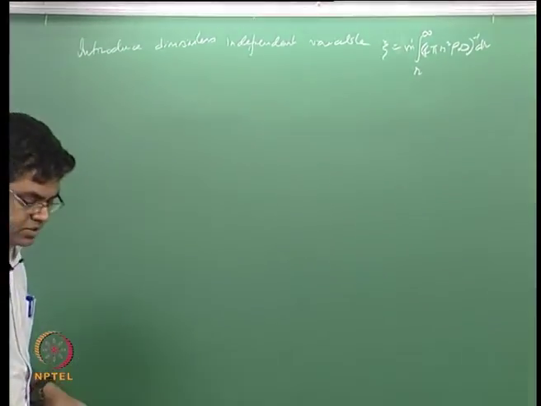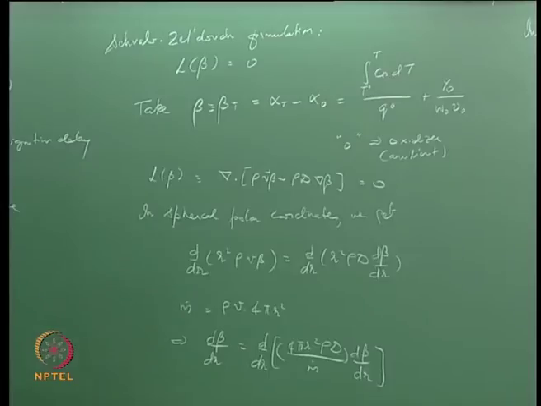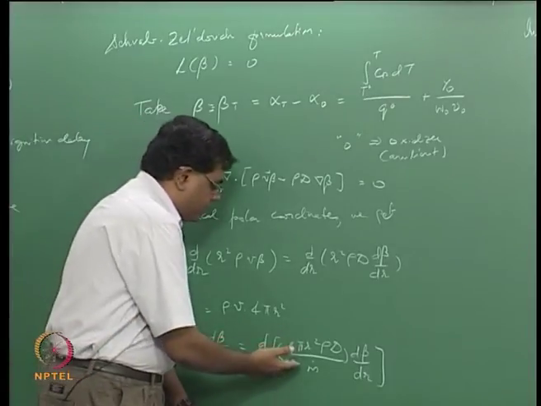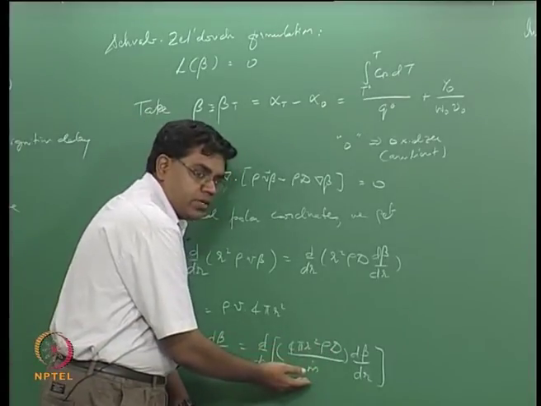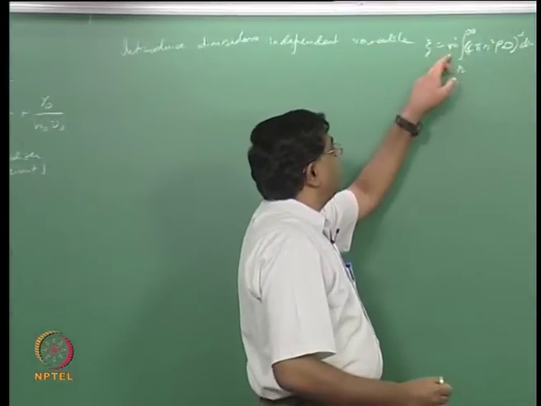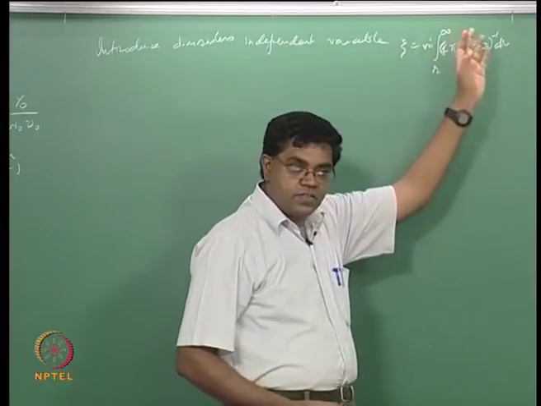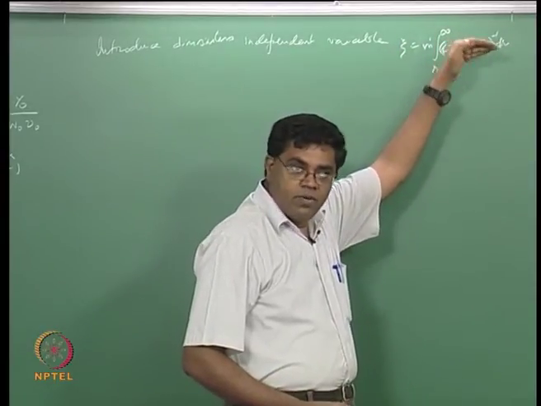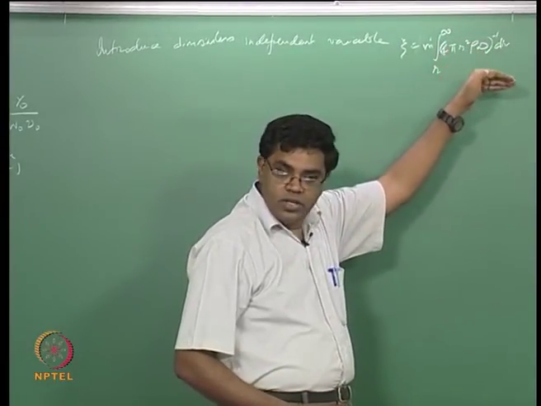Now what does that mean? You look at here, you have a 4 pi r squared rho d divided by m dot. Strictly speaking, we could take this m dot inside the integral because it's a constant, and what you're looking at is m dot divided by 4 pi r squared rho d.